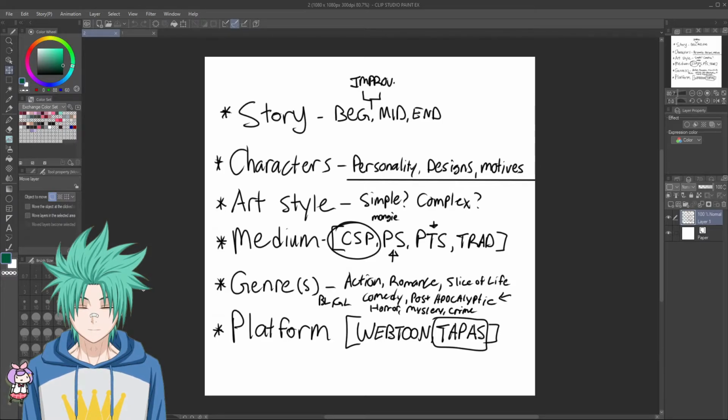It's probably just as good as Clip Studio. I just know that Clip Studio has a Webtoon feature specifically to make Webtoons. So, sadly, I don't know much about Photoshop, so I can't really say. But I heard it's good. So that's also another alternative if you guys want.